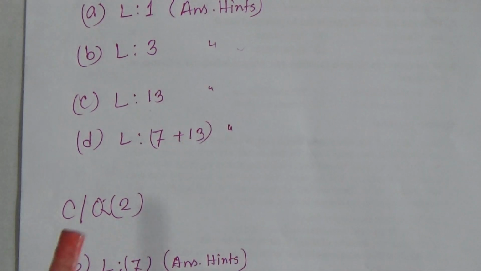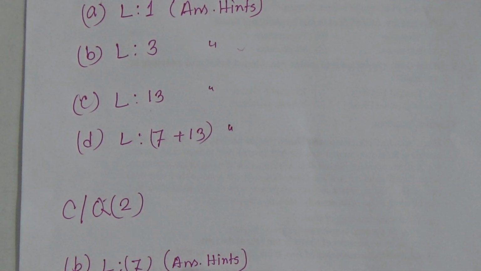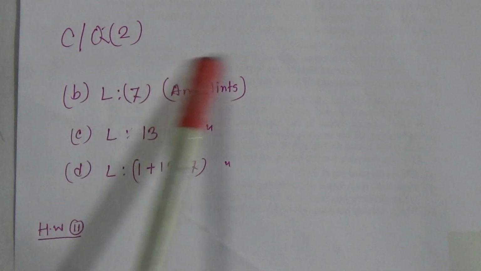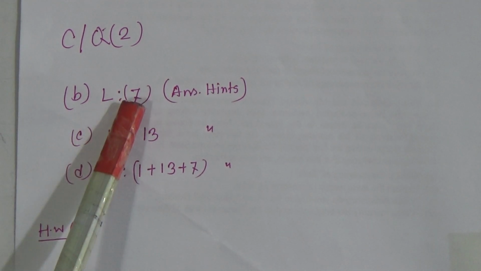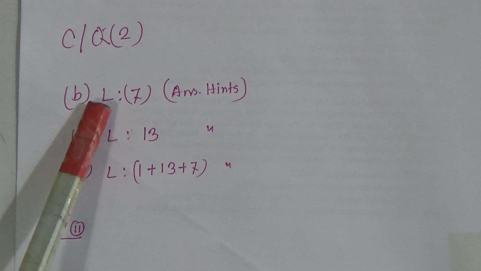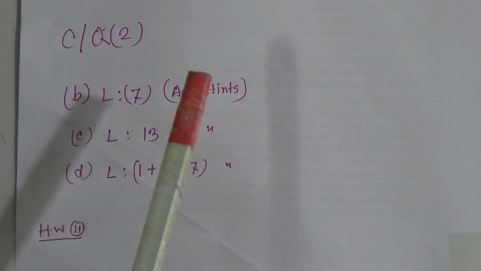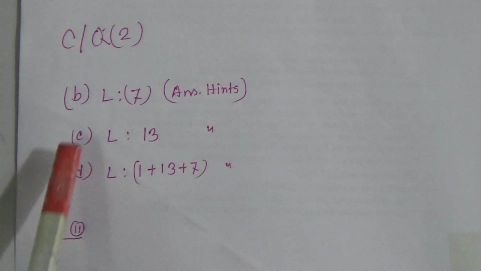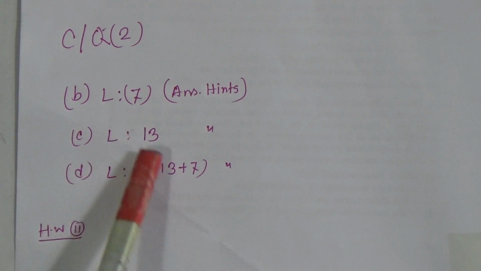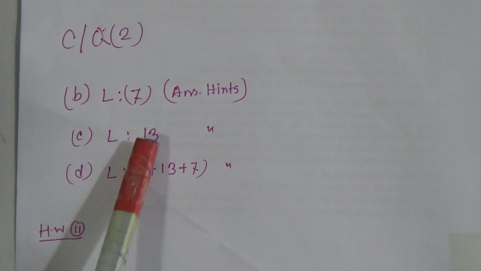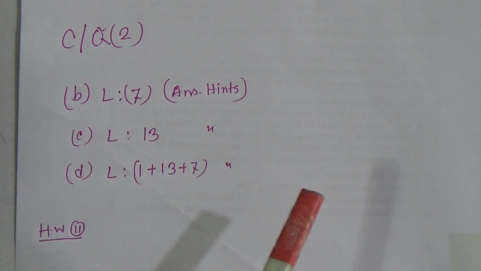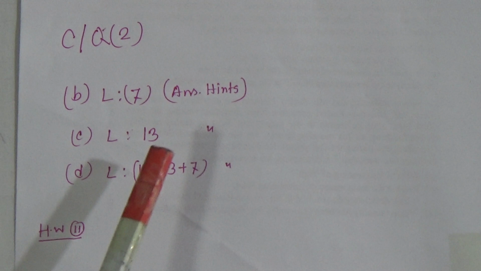Okay, dear students, now CQ2. A does not belong to our short syllabus, so I have not given the answer here. For B, you will get the answer in lesson 7. Read it and you will get the answer. For C, you will get the answer in lesson 13. You have to answer it with the help of lesson 13 and STEAM, and you have to apply your knowledge also.